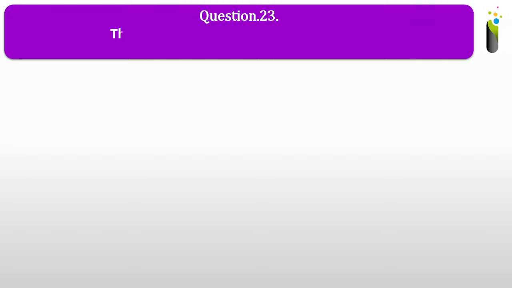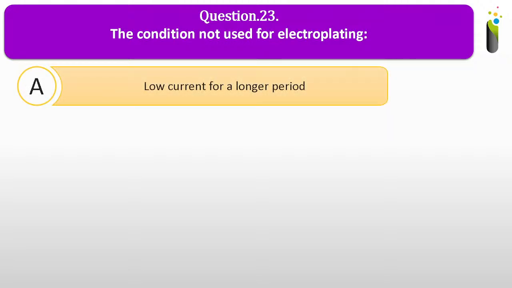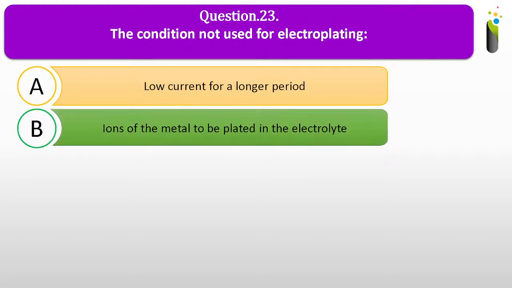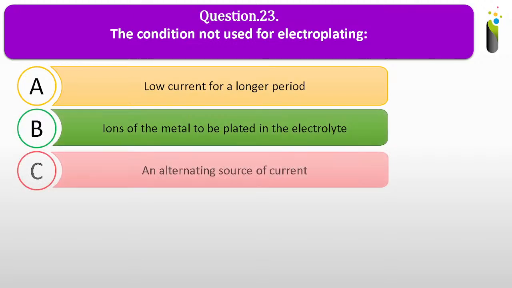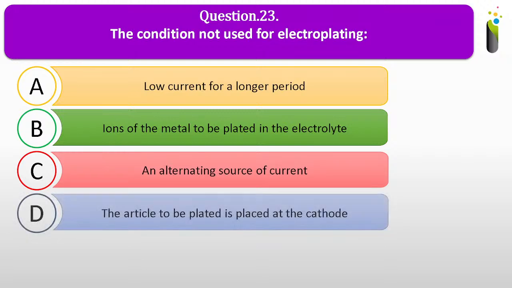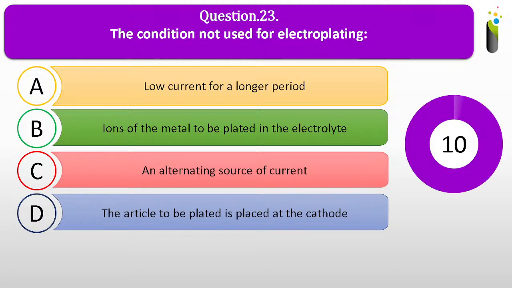Going ahead to question number 23, the condition not used for electroplating is dash. A. Low current for a longer period. B. Ions of the metal to be plated in the electrolyte. C. An alternating source of current. D. The article to be plated is placed at the cathode.